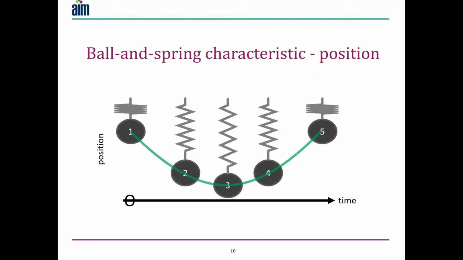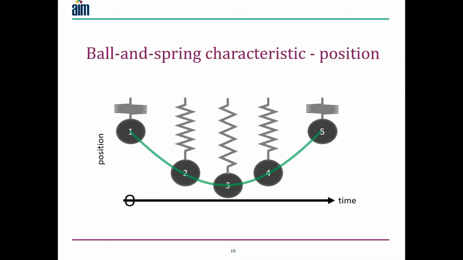The ball still goes down, but at 3, all the velocity is taken out of the ball. The ball is for a fraction of a second there in a standstill position. And then the ball starts to bounce back in 4. And when we get to 5, the ball is at full speed going back in the opposite direction of which it came from. So that's the first half cycle of the impact event.